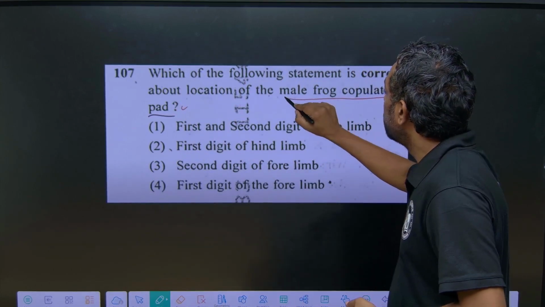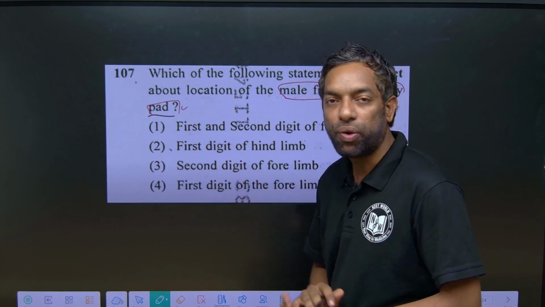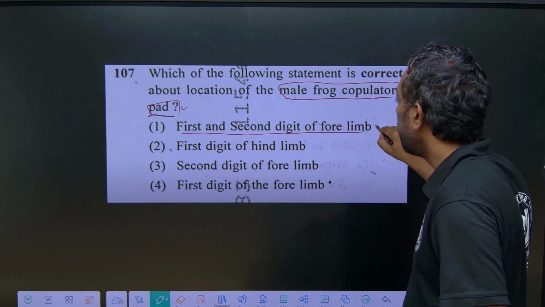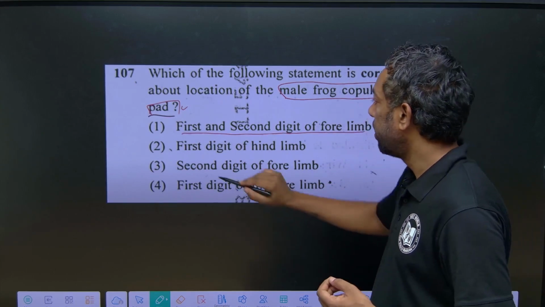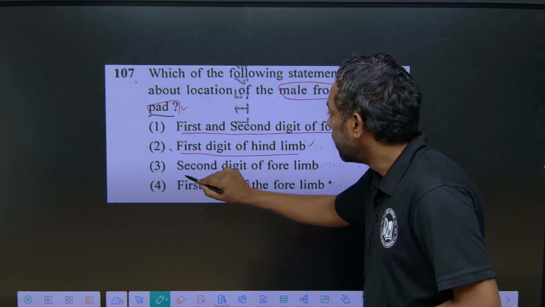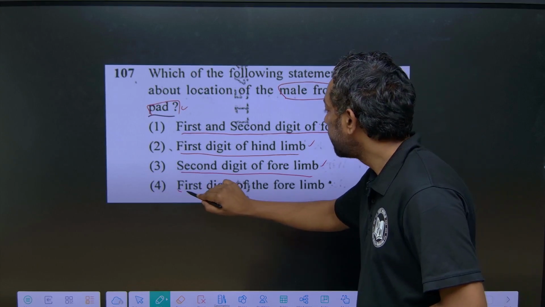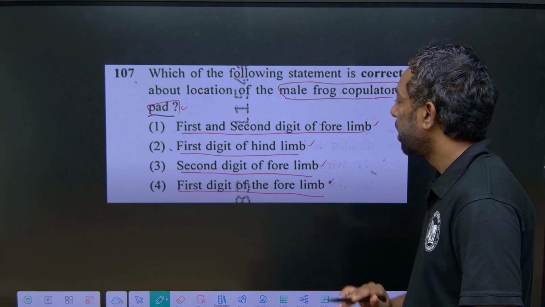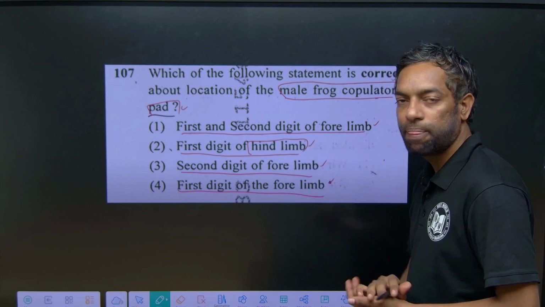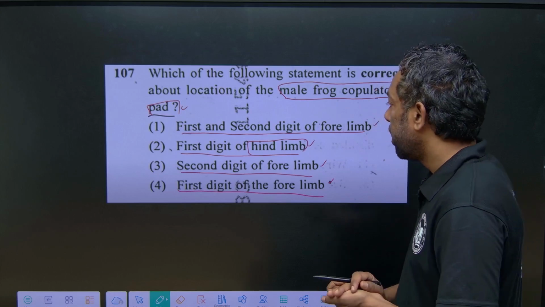It is the male frog copulatory pad, where is it located? First and second digit of forelimb; second, the first digit of hind limb and second digit of forelimb; and the first digit of the forelimb. Guys, first of all you have to eliminate hind limb, because the copulatory pad is not on the hind limb.